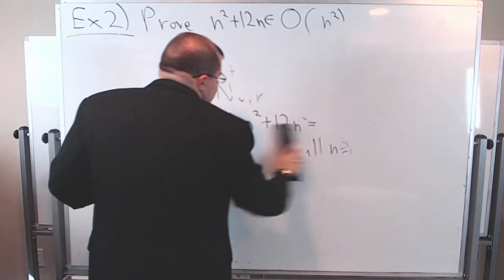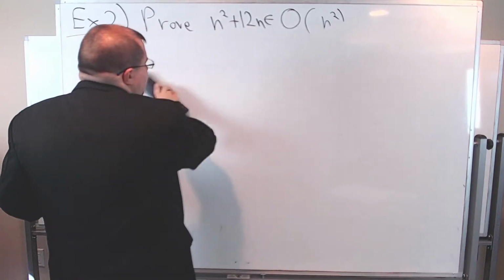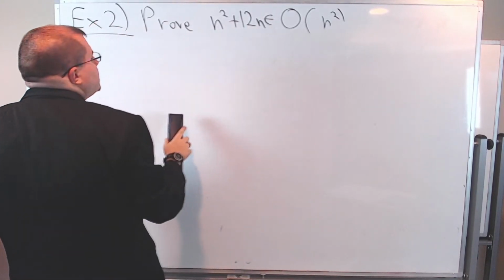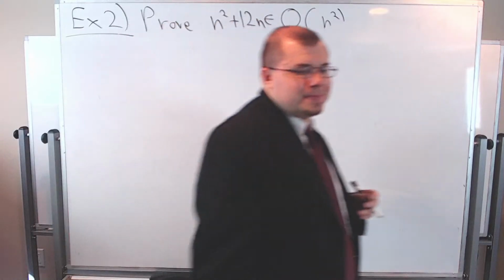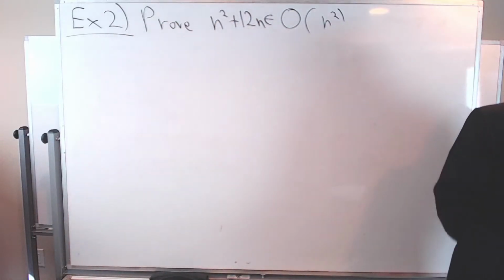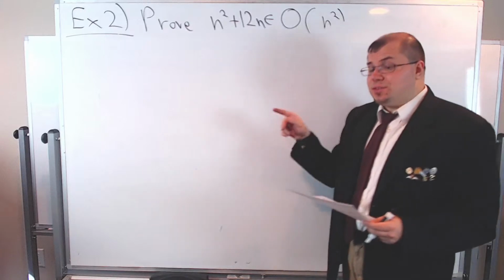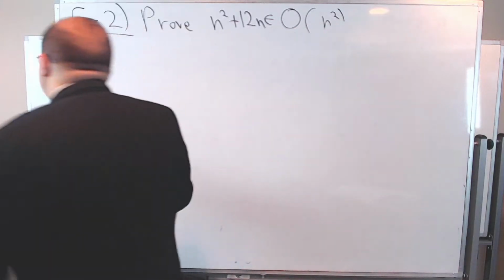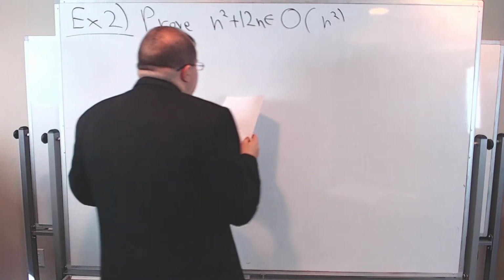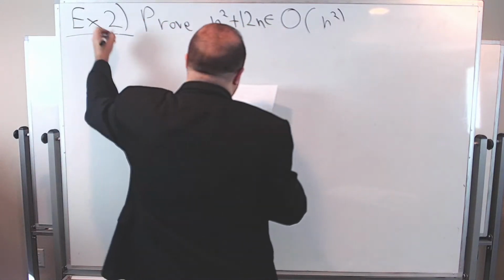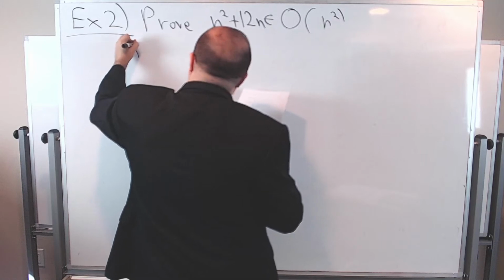I want you to think a little bit about this. I'll just do one example of this with you. I want to know which C's and N0s work. Sometimes there only exist certain C's and certain N0s for some examples. Other times there just exists an infinite number of C's and N0s you can select. So I'm going to take this example and break it down a little bit for you.